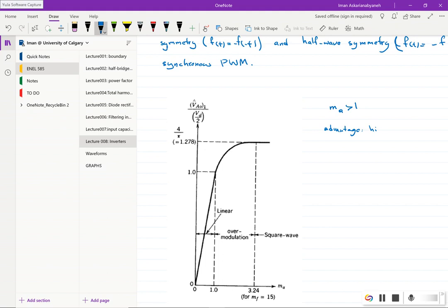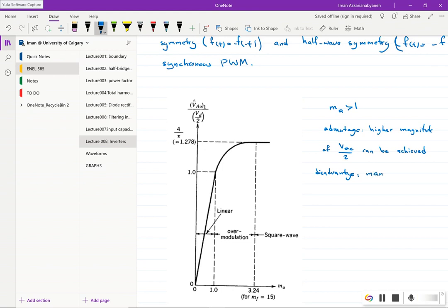Advantages: a higher magnitude of VDC over 2 can be achieved, and its main disadvantage is that it has many more harmonics than what we saw in the linear region.